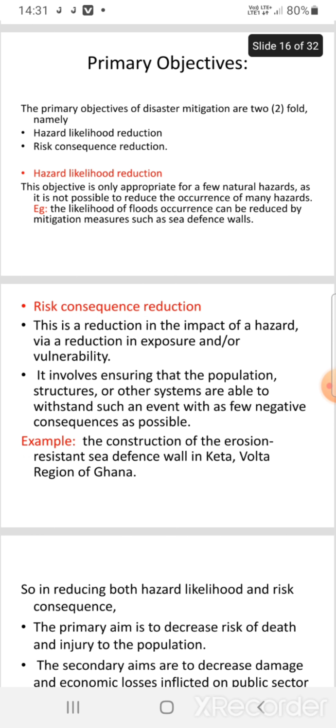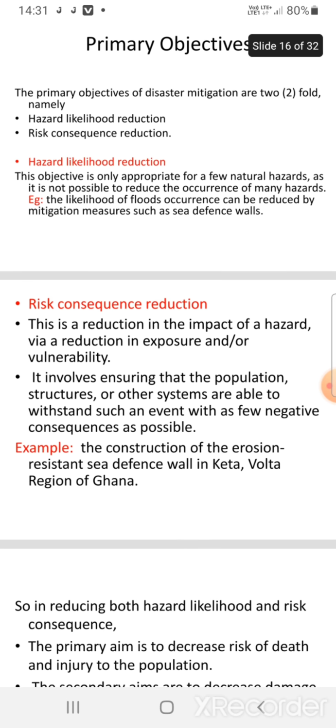If the area which is exposed to a natural event or a hazard is reduced, or if the vulnerability is reduced by strengthening the areas, the risk consequences are reduced. It involves ensuring that the populations or structures or other systems are able to withstand such an event with few negative consequences as far as possible.